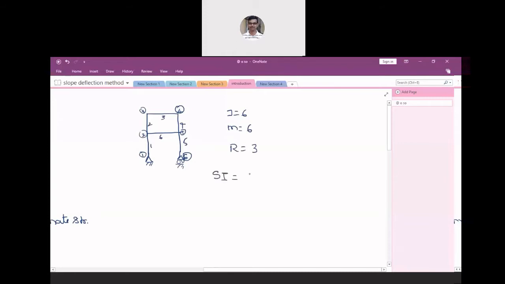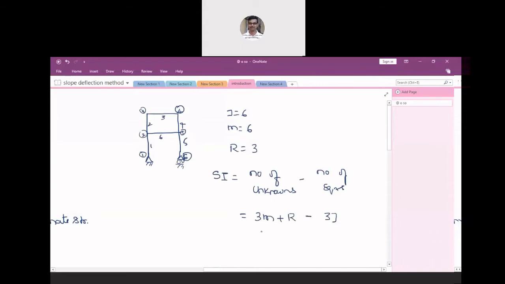Now I will calculate the static degree of indeterminacy, which is equal to the number of unknowns minus the number of equations. Number of unknowns are nothing but for each member we have 3 unknowns, plus we have additional support reactions, which are also treated as unknown values, minus at each joint I can apply 3 equations.